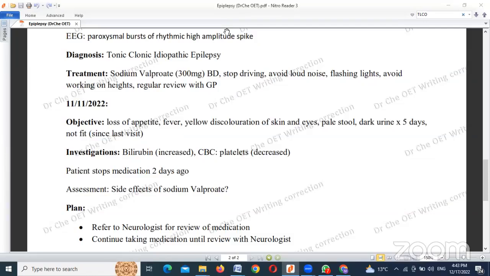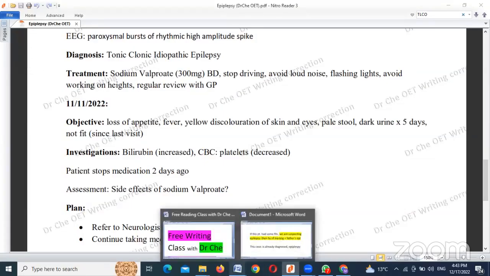Okay, so now let us try to write the purpose. First part is very easy.